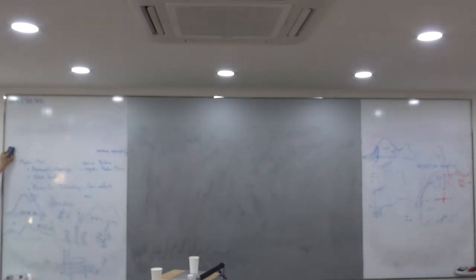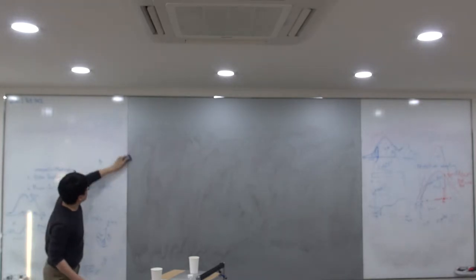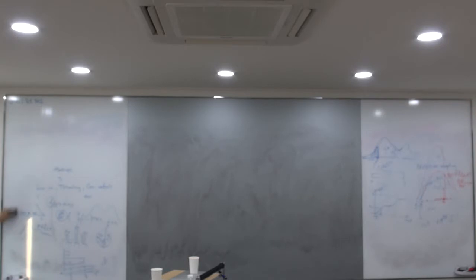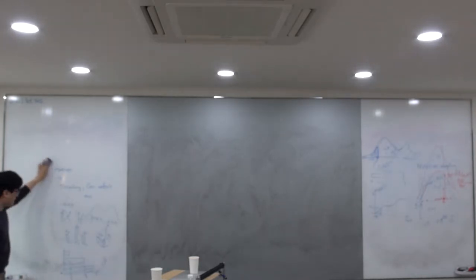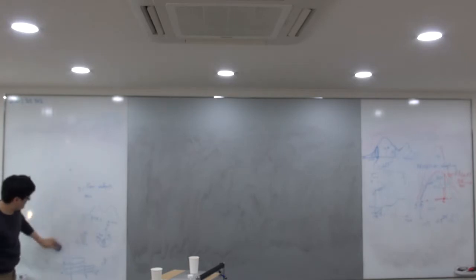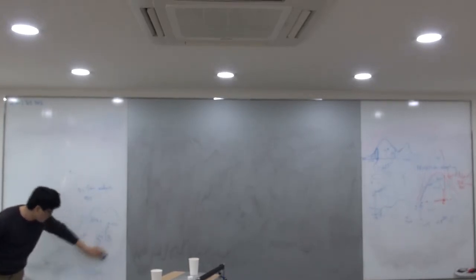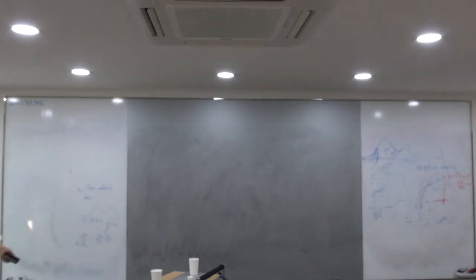So we are going to cover the MCMC now. For high dimensional data, rejection sampling is not a proper method.